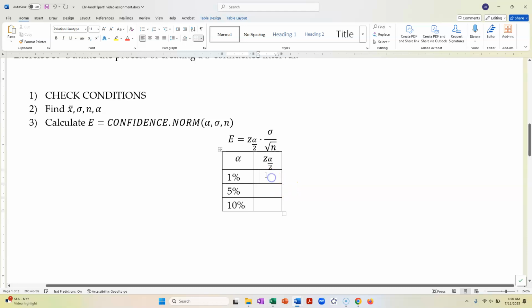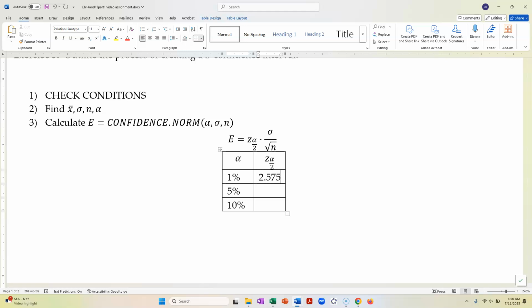For 1% significance, the Z alpha value that we're going to use is 2.575, ish. Okay, the 2.57 is really what you need. 5% is 1.96, and the last one is 1.65. So as we get a larger alpha value, the Z alpha becomes smaller.